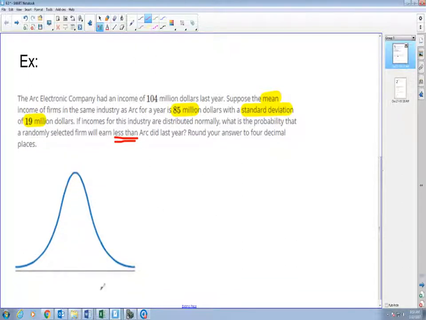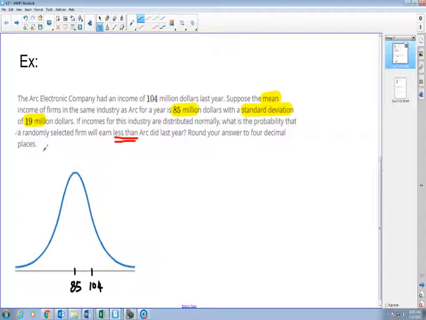Basically, what we know is the mean is located here; the mean is $85 million for the industry. This particular company had an income of 104, so that will be to the right.